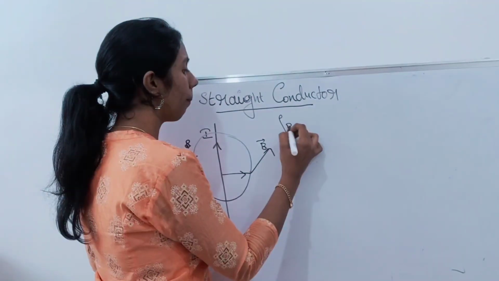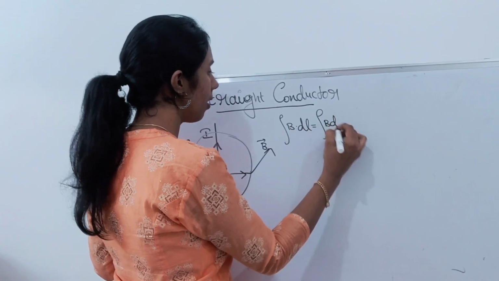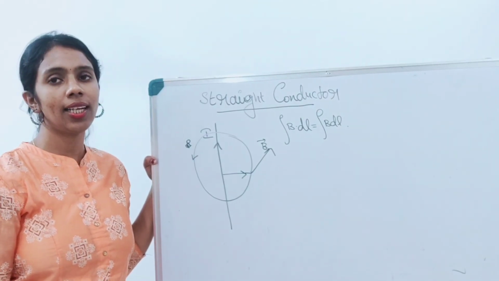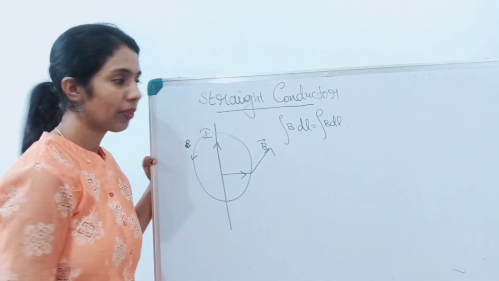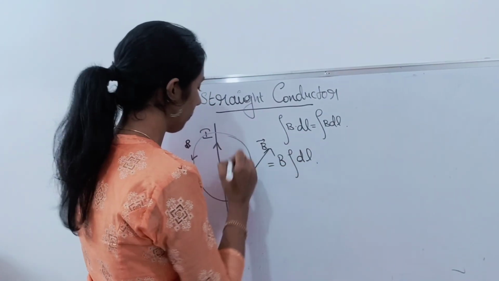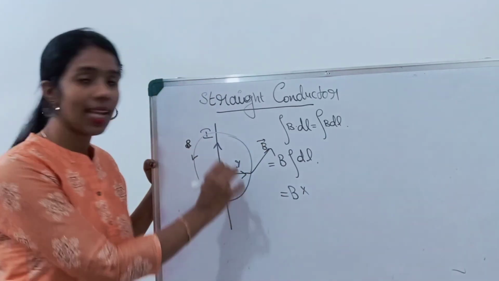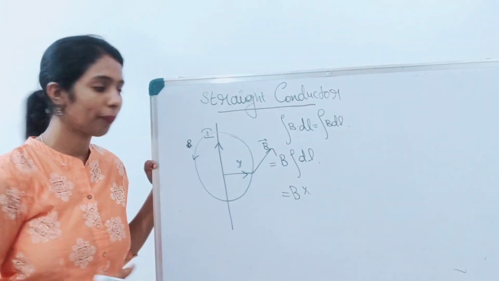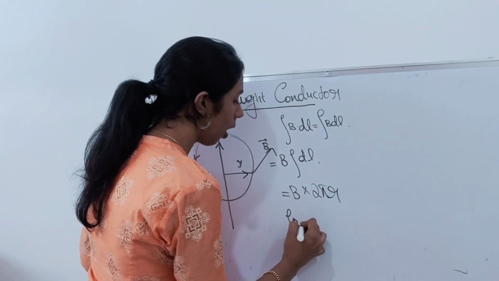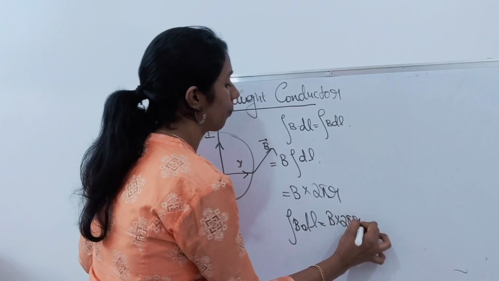So integral B dot dl can be written as integral B dl, because the angle between B and dl is 0. So B dl cos theta becomes B into integral dl, and integral dl is the circumference of the Amperian loop, which is 2 pi r. So integral B dot dl is equal to B into 2 pi r.